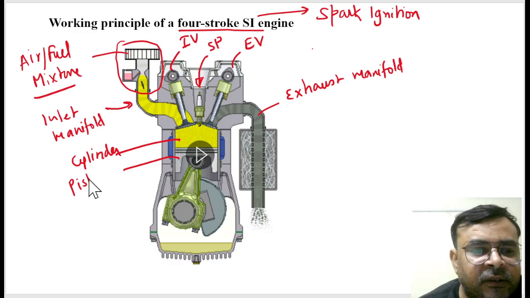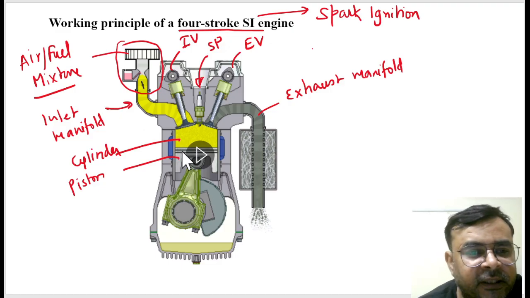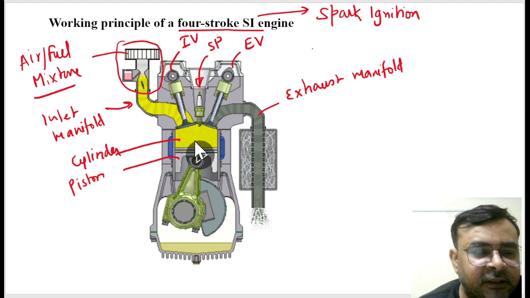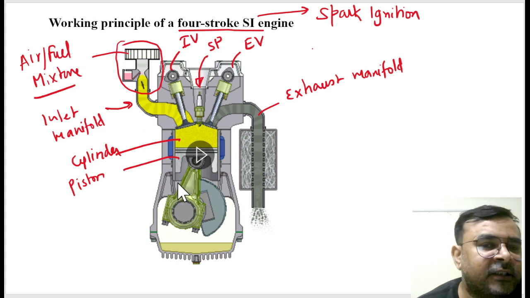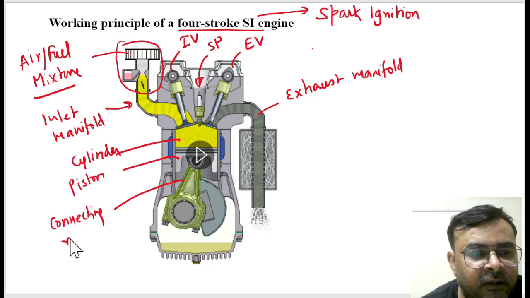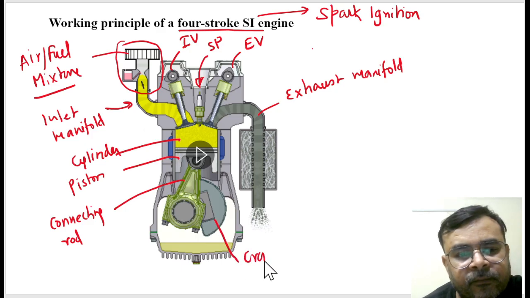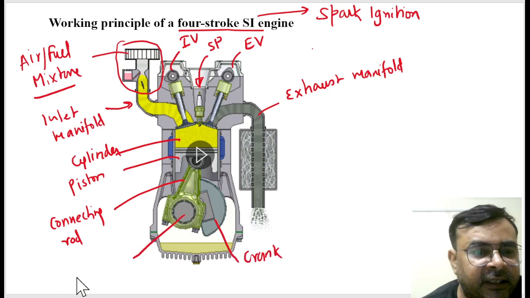And in the piston, if you have seen, we have rings that are called piston rings. These piston rings are basically flexible rings provided at the top of the piston, so that whatever combustible fuel we have inside the cylinder cannot move down. Is it right? And of course this is a connecting rod, and this is a crank, and this is a crankshaft.